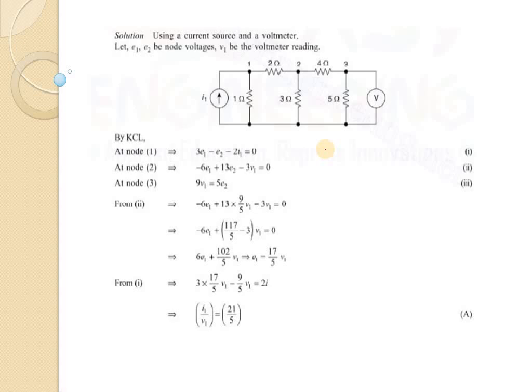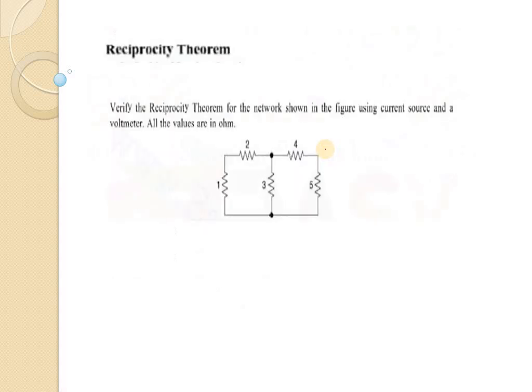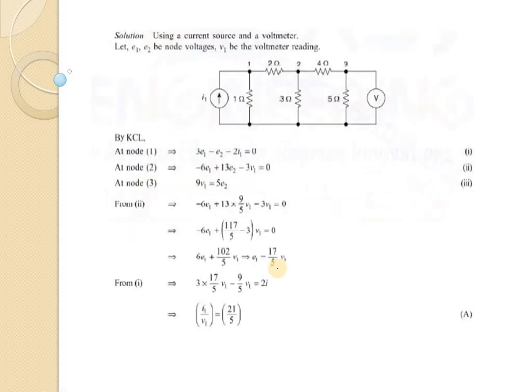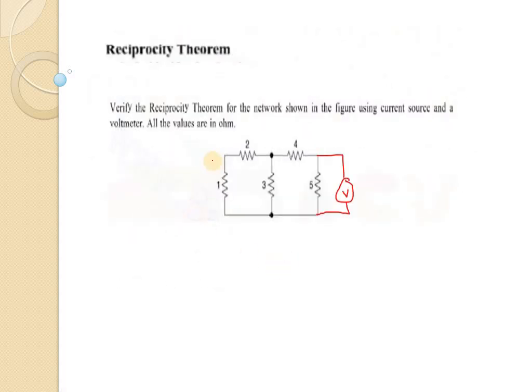This is basically the actual branch, where a voltmeter is connected, and here we will put a current source.